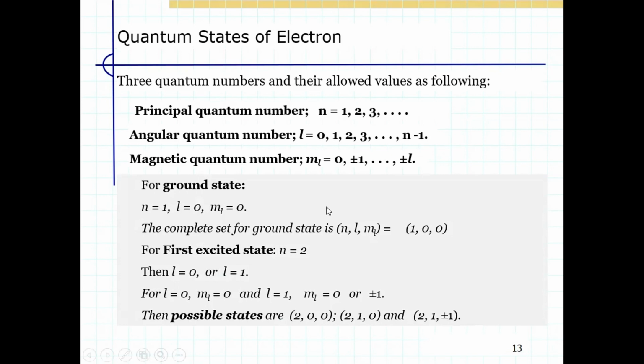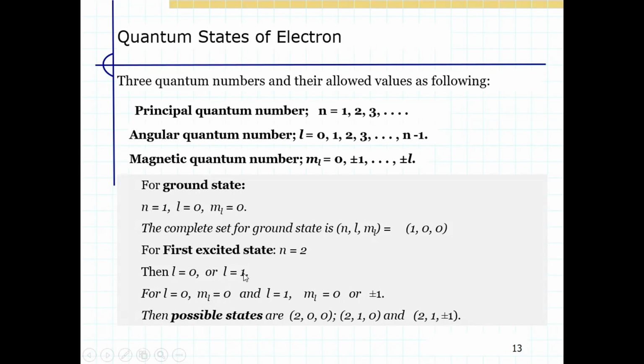The first excited state that we see is possible only with n equal to 2. And for n equal to 2, there are two choices, L equal to 0 and L equal to 1. And L equal to 0 means again that ML will be 0.